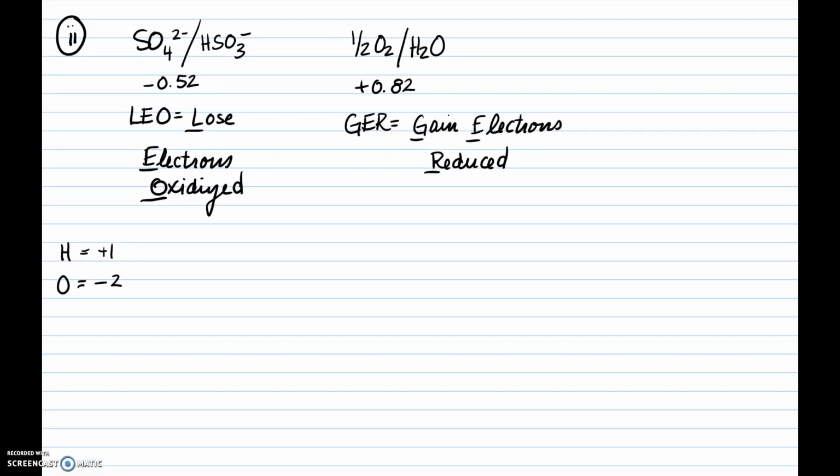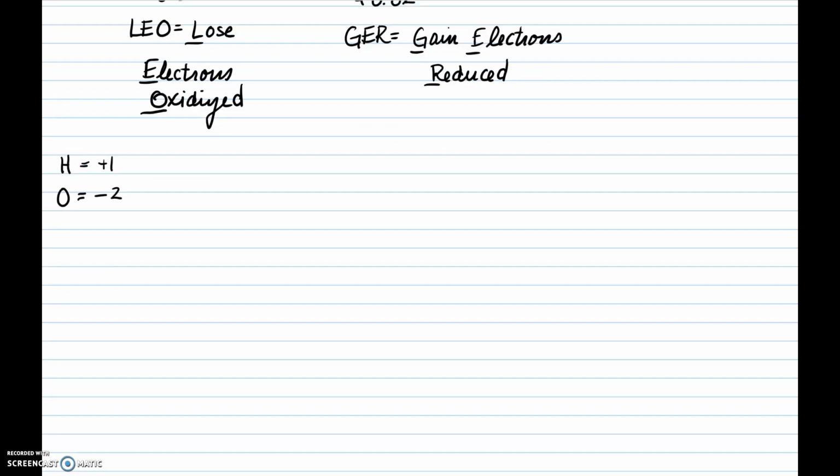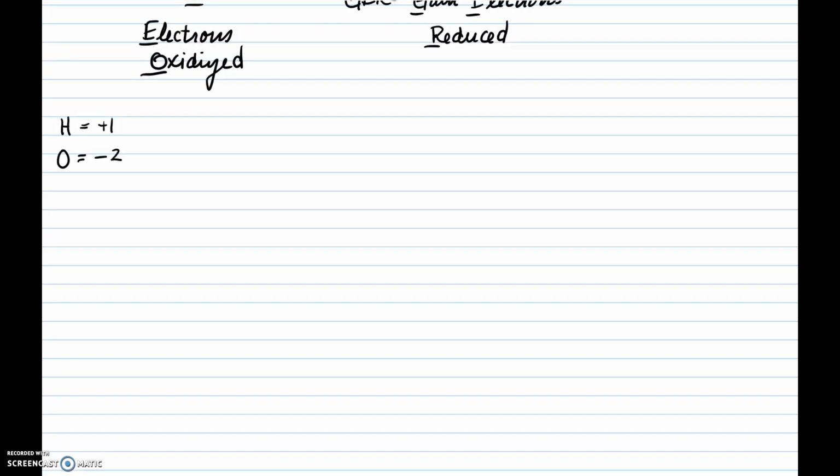So let's start with the first side of things. I'm just going to write the first one that we see, which is sulfate. So for figuring out the oxidation states, let's start with oxygen. So that's going to be -2 multiplied by 4, and that will be -8.